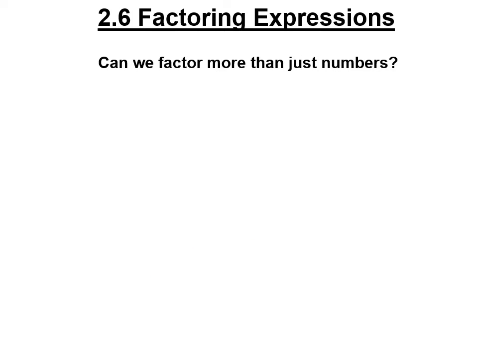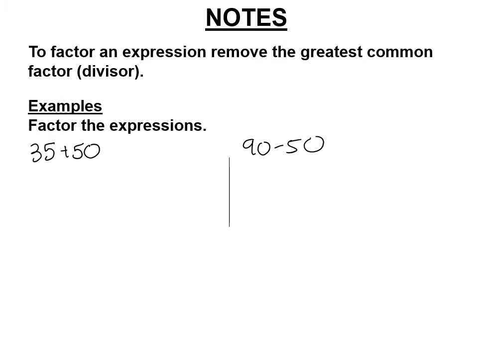All right, so can we factor more than just numbers? Yes. Okay. All right, so we want to remove the largest common factor. So if we had 35 fiftieths, what would be the greatest common divisor? It would be 5. Okay, so same thing here. We're going to remove 5 and then put the two numbers that are left over in the parentheses.